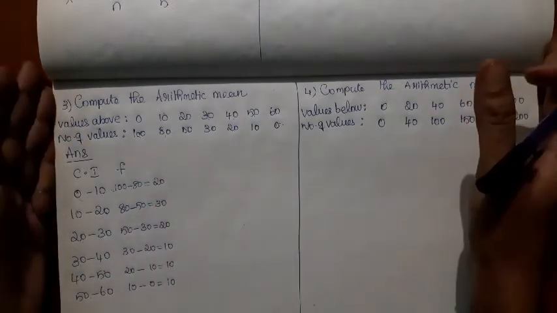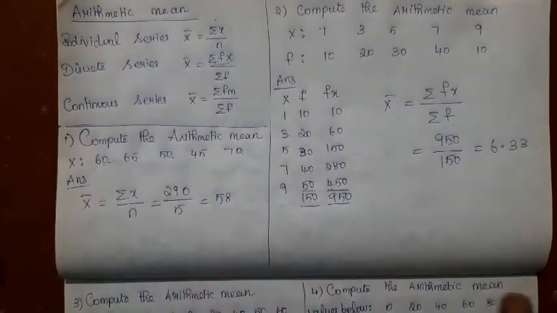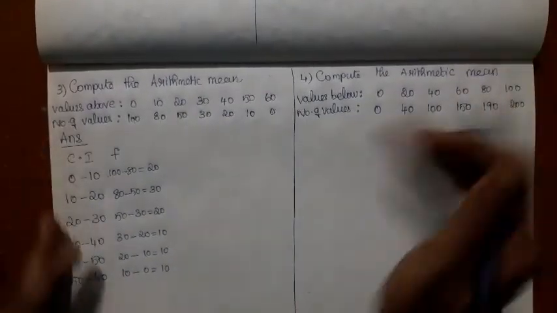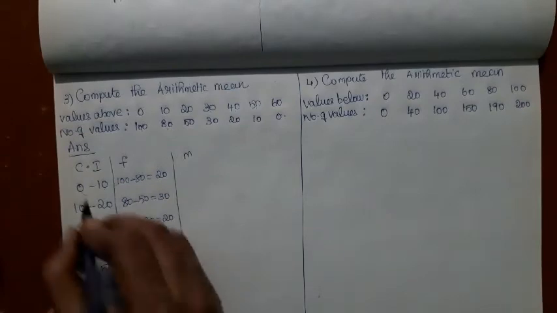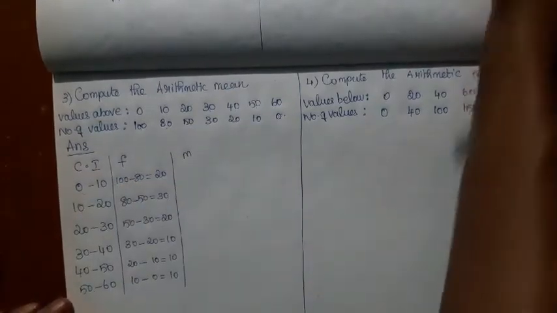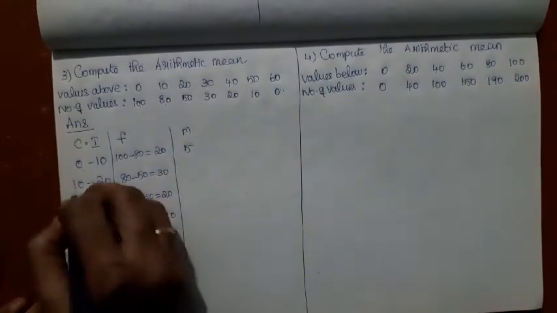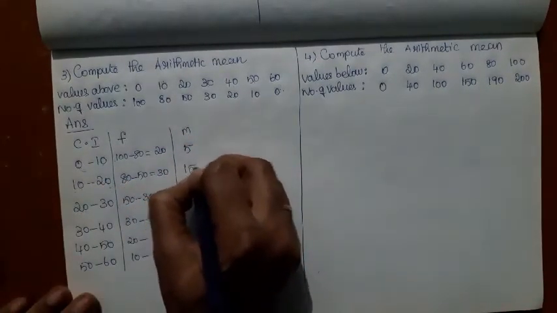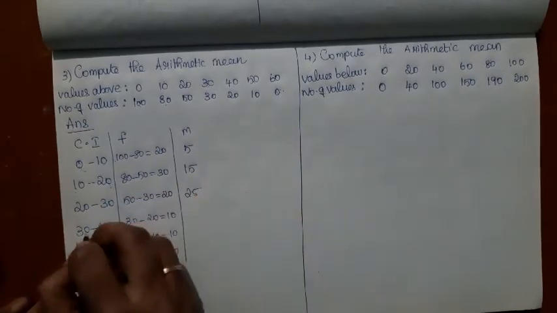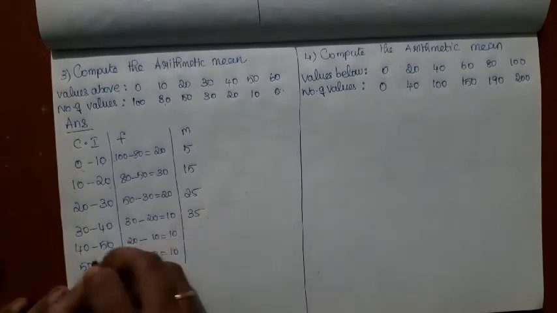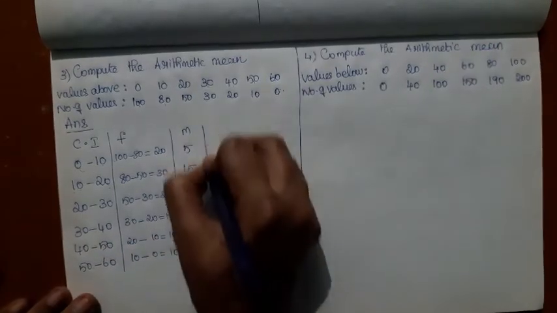See, for a continuous series, the formula is summation fm by summation f. So you need a column m, the midpoint. How to calculate the midpoint? Lower limit plus upper limit divided by 2. 0 plus 10 divided by 2, 10 plus 20 divided by 2, 20 plus 30 is 50 divided by 2 is 25. 70 divided by 2 is 35. 90 divided by 2 is 45 and here it is 55.